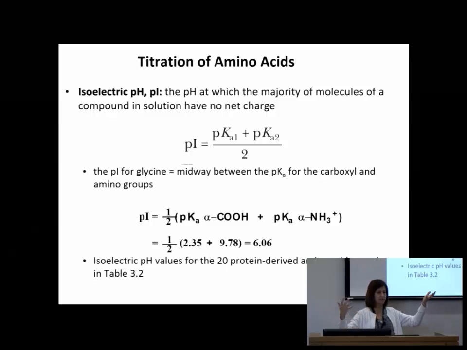But what happens is there can be a calculated one, where we take a look at the chain that's unfolded, and you'll see a certain pH. But in reality, when the protein is folded, some of those charged groups are hidden. So what we have is a calculated isoelectric point for a protein based on just looking at the side chains, and a real isoelectric point based upon observations, based upon the folded protein.